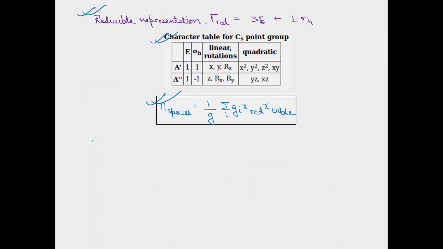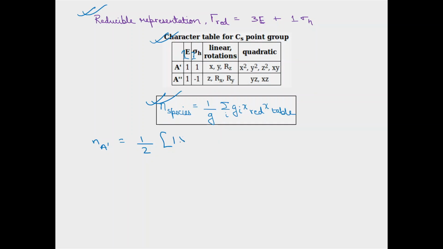Let's find out first n A dash. So n A dash is 1 by g, which is 2, the order of this point group. Then gi, I said for both of them it is 1 because this is 1 E and 1 sigma h.